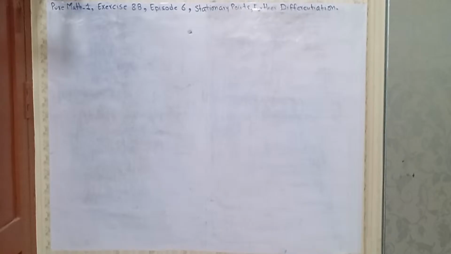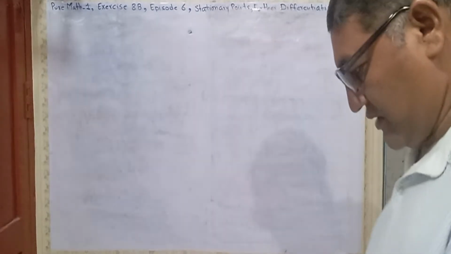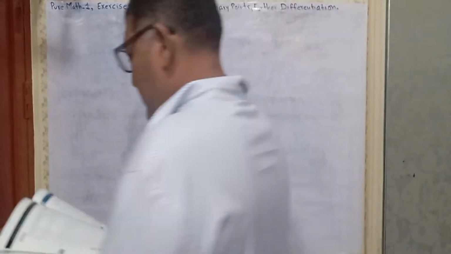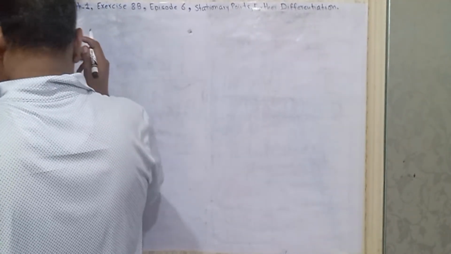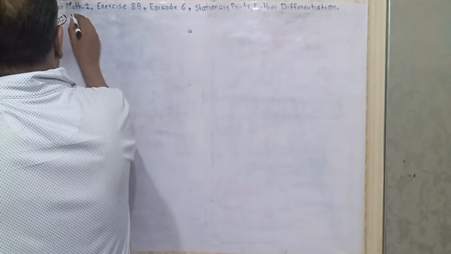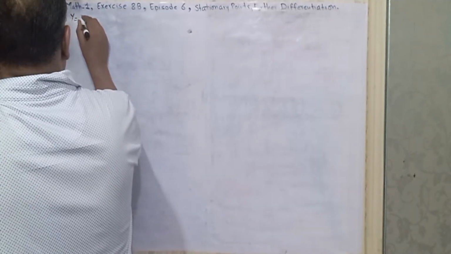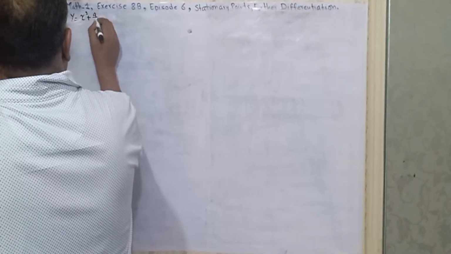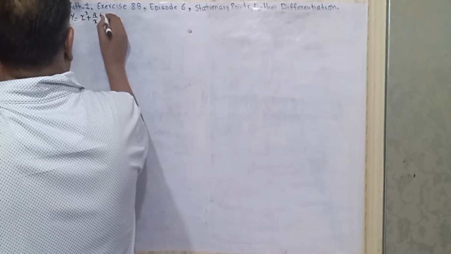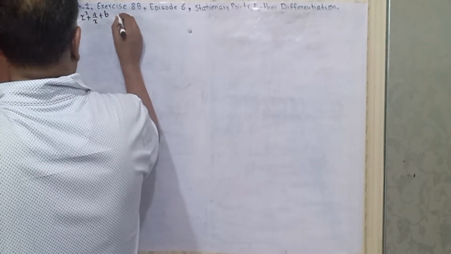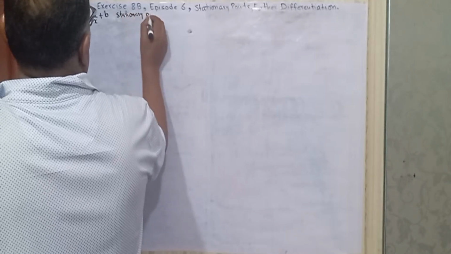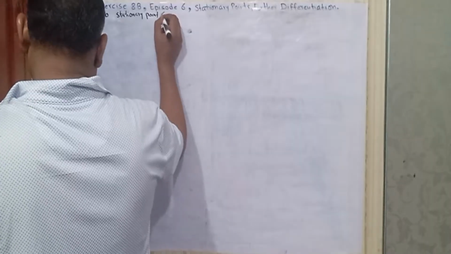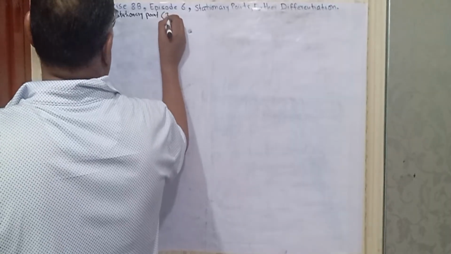In this episode, we are on the last question of this exercise, which is question number 12. It says that y is equal to x squared plus a by x plus b, and has a stationary point at (3, 5).